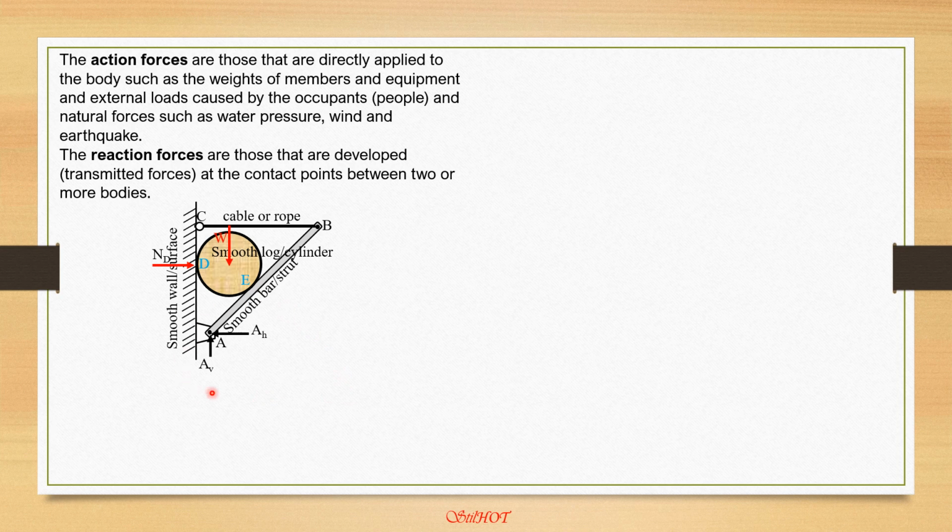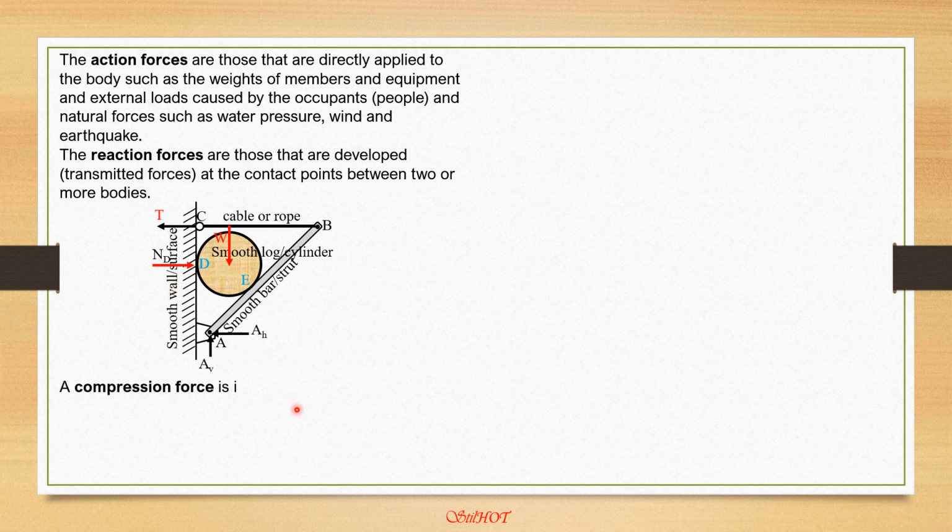There's no problem if you make a mistake with regard to direction, because when you analyze the body, it will just give us a negative value. If the result is positive, it means that you have correctly directed these reaction components. If negative, it's the opposite. Then of course we have the tension, which is away from the point of application.